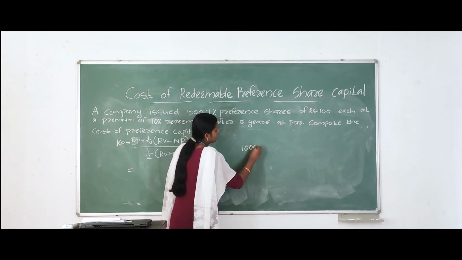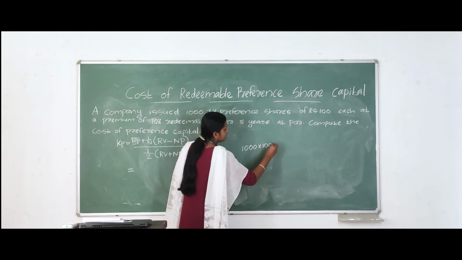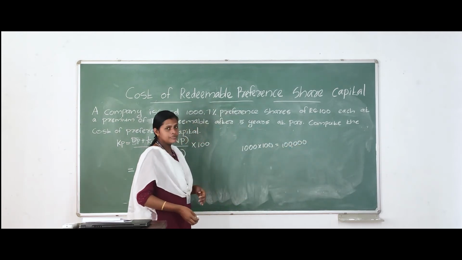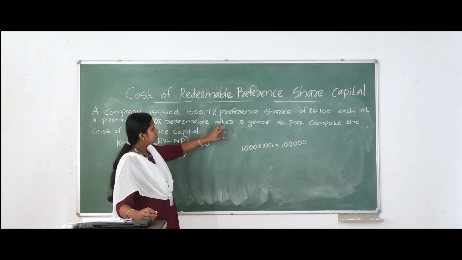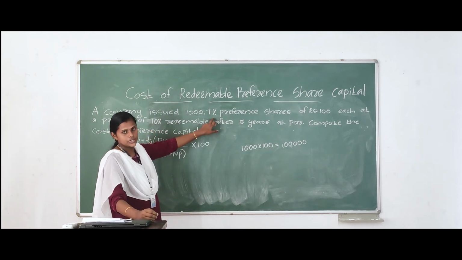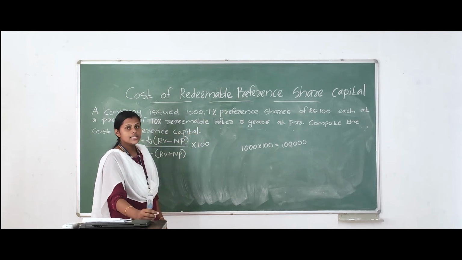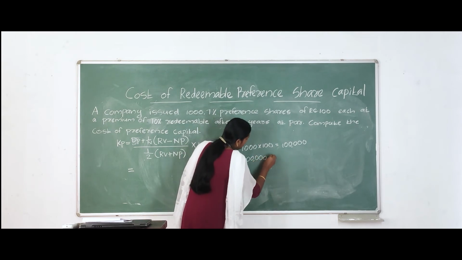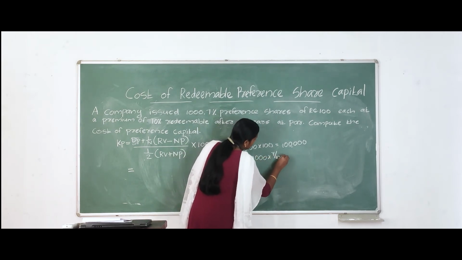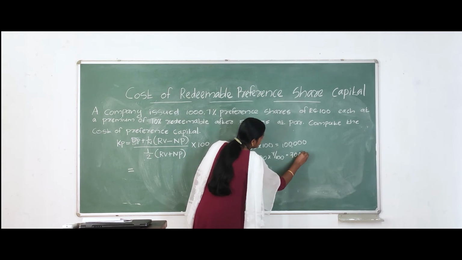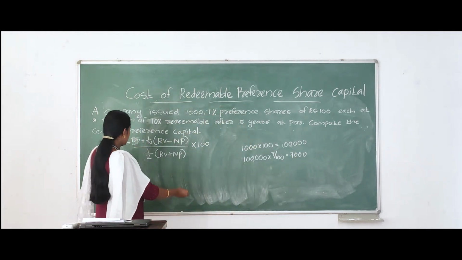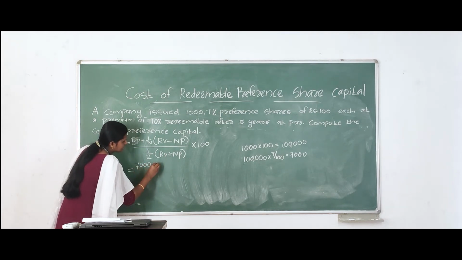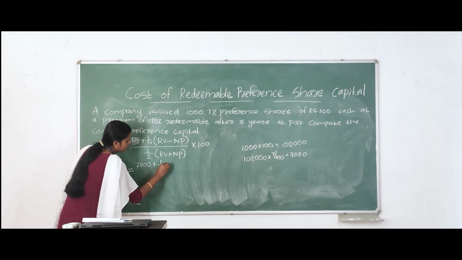So the amount of share capital will be 1,000 into 100, that is equal to 1 lakh. 1 lakh is the amount of share capital and it is 7% preference shares, which means the rate of dividend is 7%. So the amount of dividend will be 1 lakh into 7 by 100, that is equal to 7,000. So the amount of Dp, preference dividend, is 7,000.